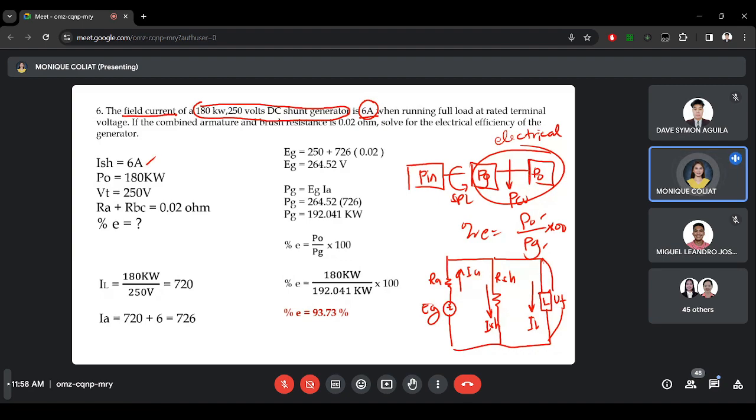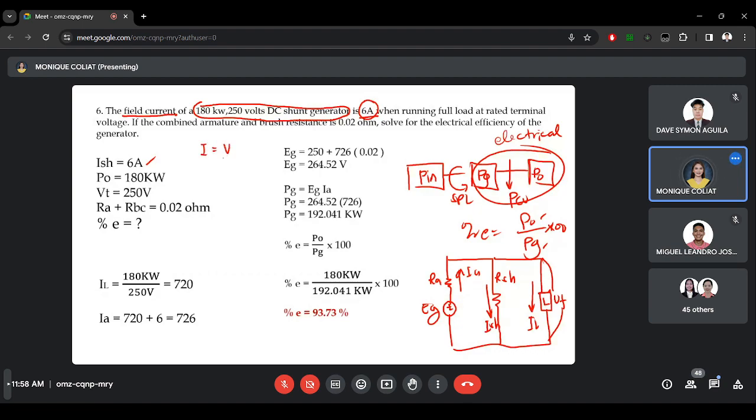So if your resistance or RSH is high, let's say 200 ohms, then your current is low. Okay? So that means if ang binigay sa inyo ay field current and it has low value, then it is a shunt field current.